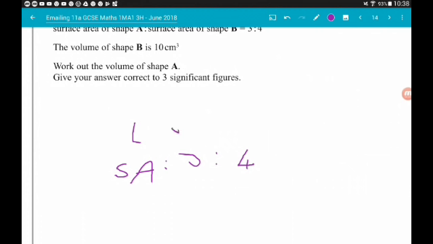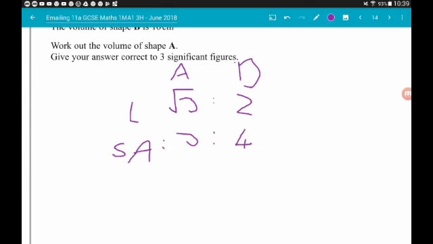So we're going to get root 3 to 2, and I should have put A and B above. We can then get the volume ratio by cubing the length ratio. So the volume ratio is root 3 cubed to 2 cubed, which is 8.